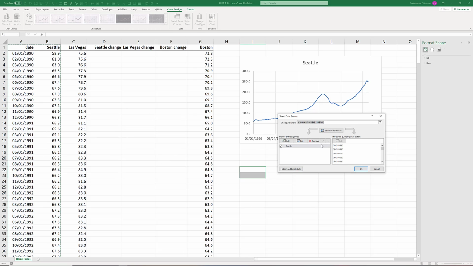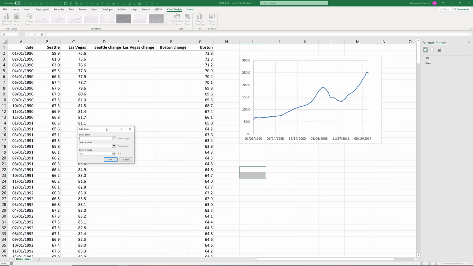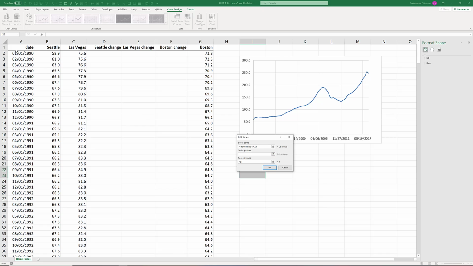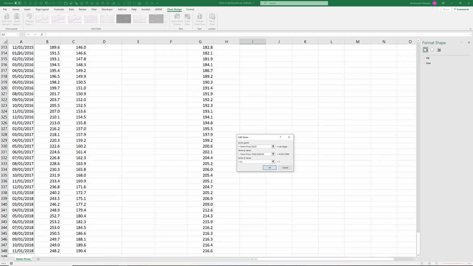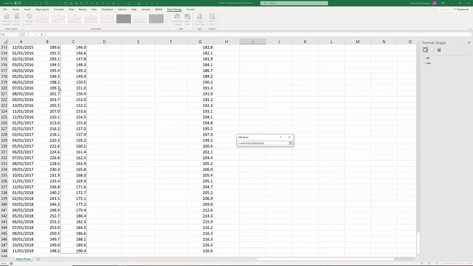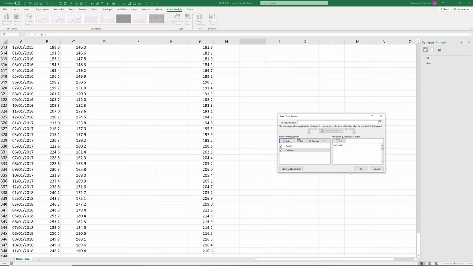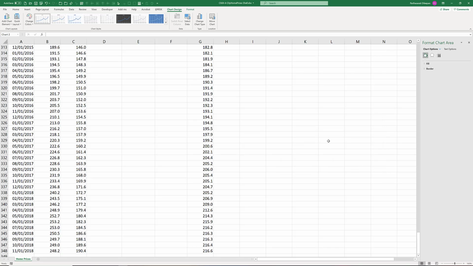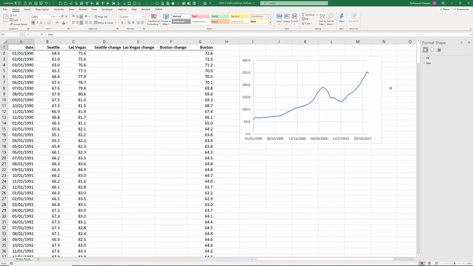Okay, so now let's select the graph and change chart design and select data. Now we'll add, all right, series name is Las Vegas, x-axis is the same as before, and y-axis is that, and click OK. I did something wrong.